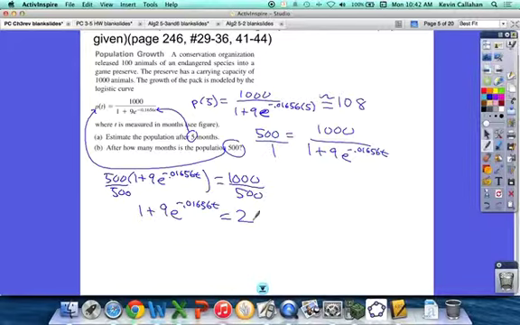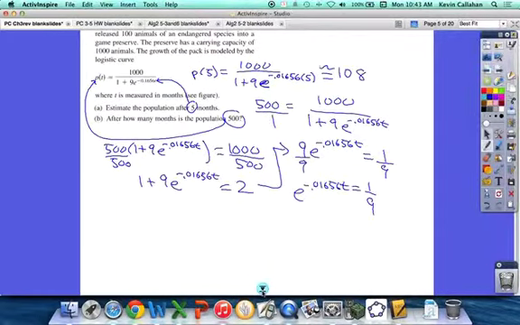Subtract 1: 9e to the negative 0.01656 t equals 1. Divide by 9: e to the negative 0.01656 t equals 1/9. Take the log of both sides and divide by negative 0.01656.